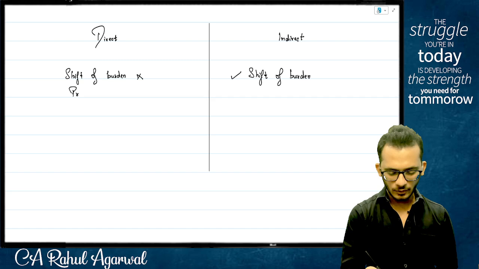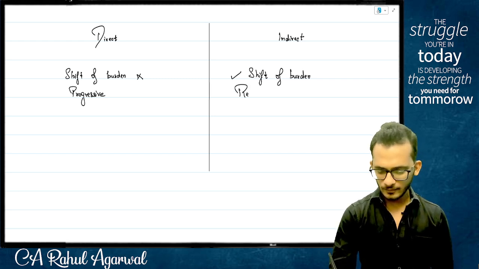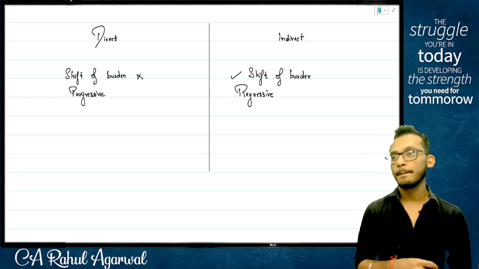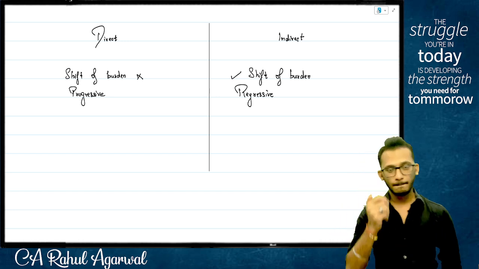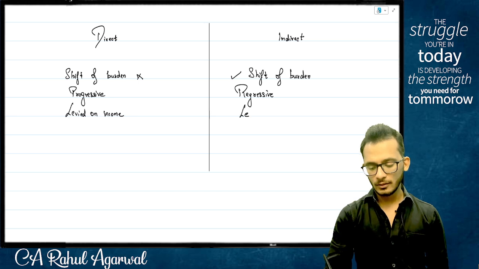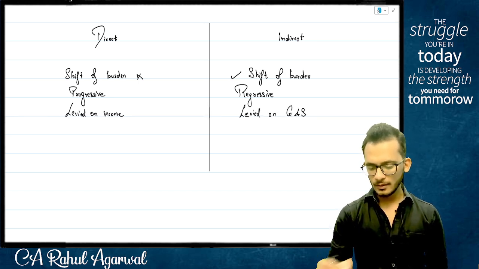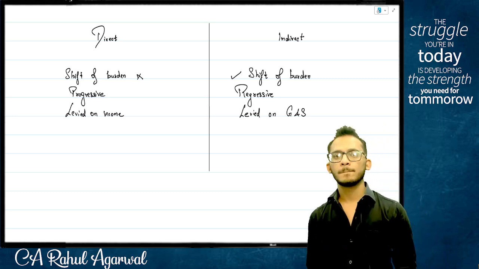It's called, I think, progressive and regressive. Progressive and regressive. Okay. Levied on incomes. Okay. Levied on only goods. Okay. Anything else?